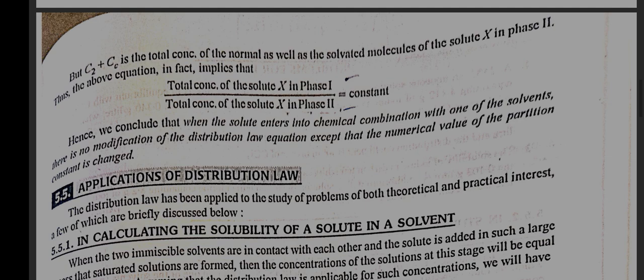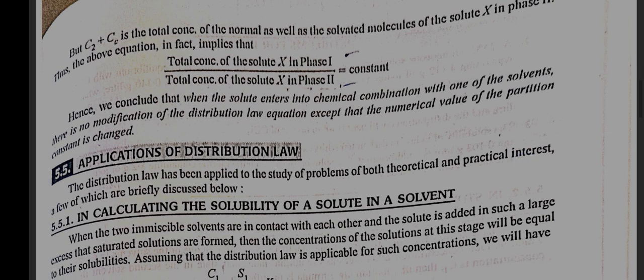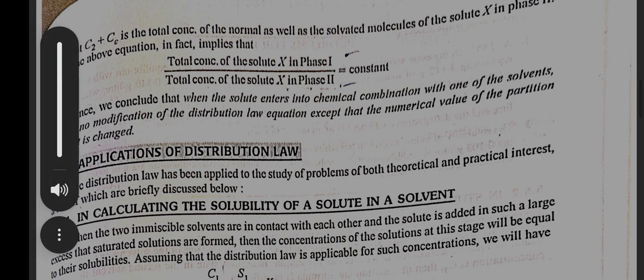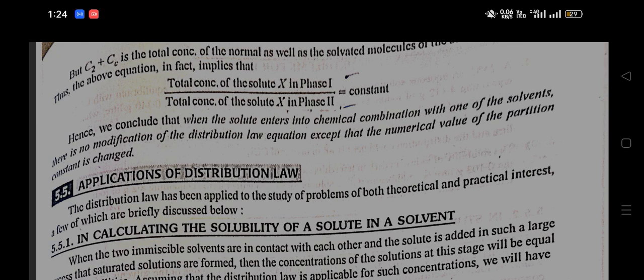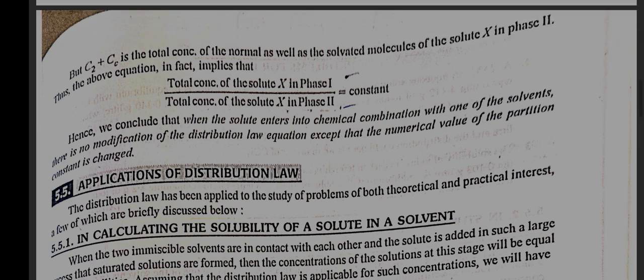Thus, the above equation in fact implies that the total concentration of the solute X in phase 1 divided by the total concentration of the solute X in phase 2 is equal to a constant. Hence, we conclude that when the solute enters into chemical combination with one of the solvents, there is no modification of the distribution law equation except that the numerical value of the partition constant is changed.